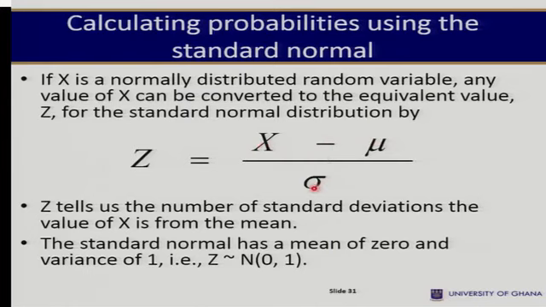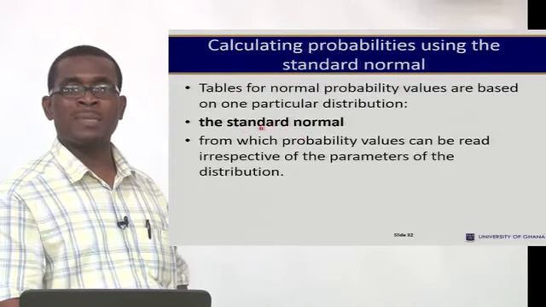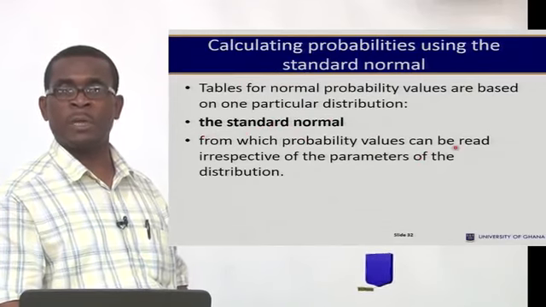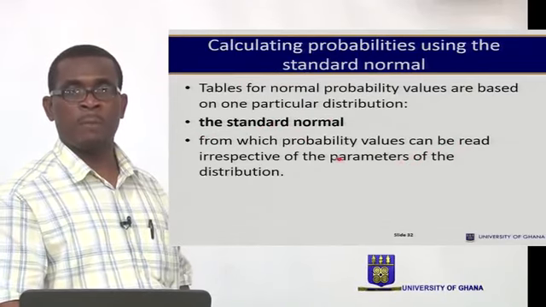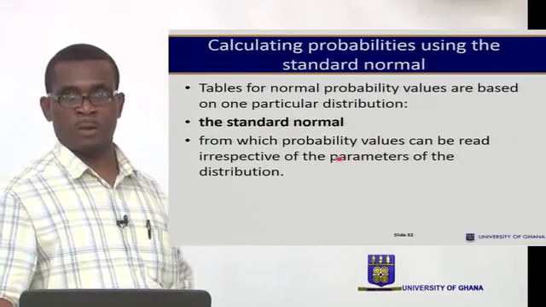You divide by the standard deviation, it gives you 0. Now, there are tables for the normal probability values, based on what we call the standard normal, from which we can read probability values. So let's illustrate how this is done.